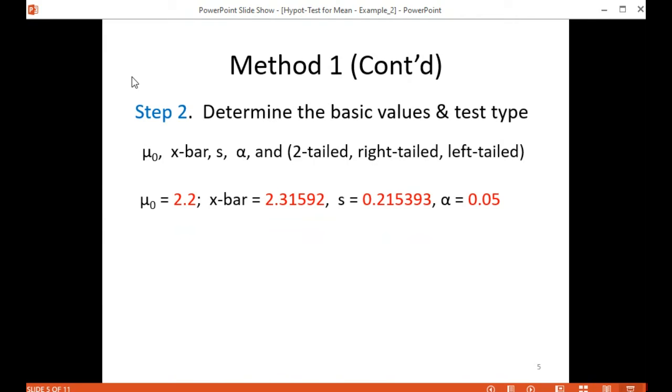Mu 0. Check these against what you wrote down before. Mu 0 is 2.2. X bar is 2.31592. S, you see I have that written there. And alpha is 0.05.